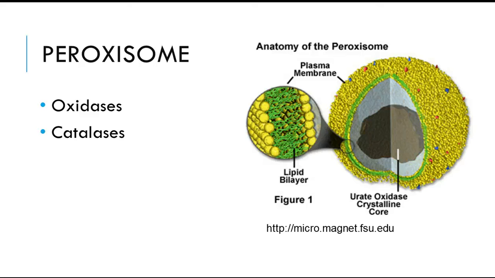Oxidases and catalases. Anytime you see the suffix -ase, that tells you that's an enzyme. And some enzymes carry out what type of reaction? Oxidation, right? Very good. And some catalase, okay? Catabolize, break down.